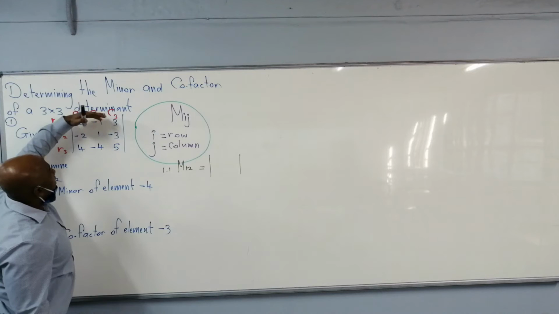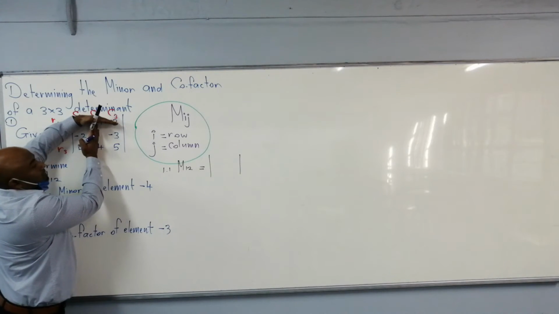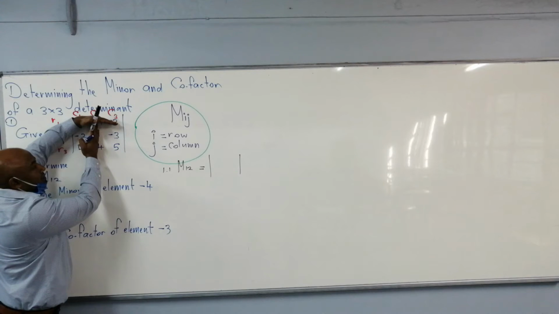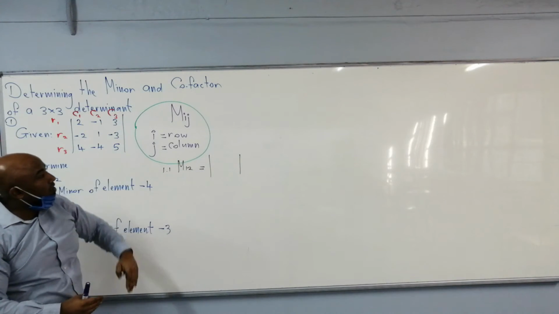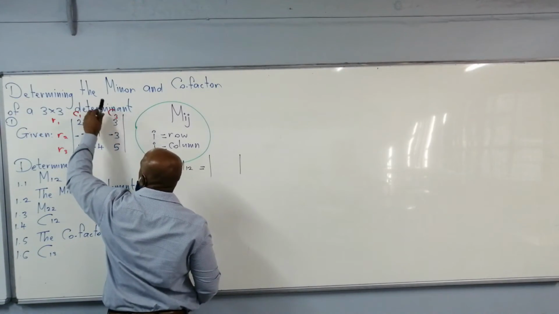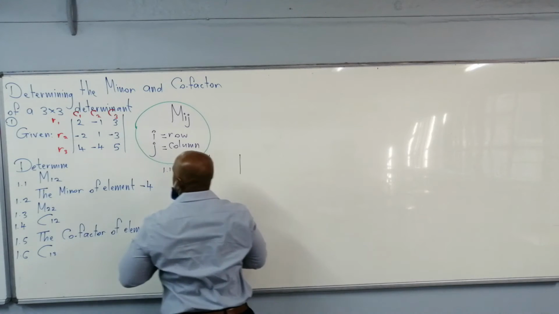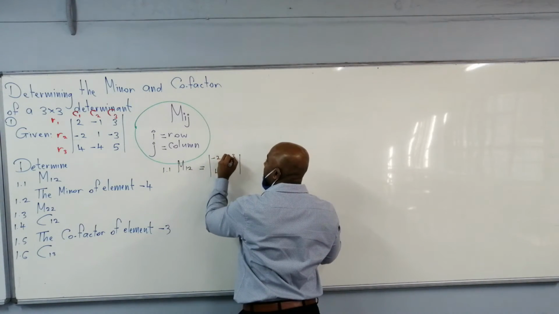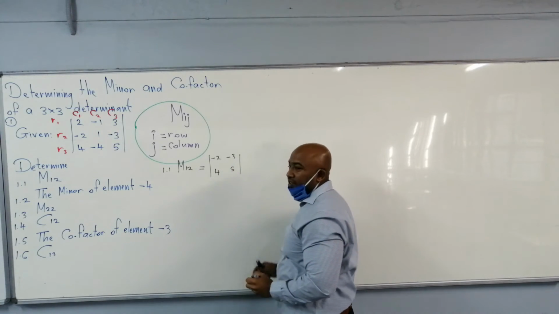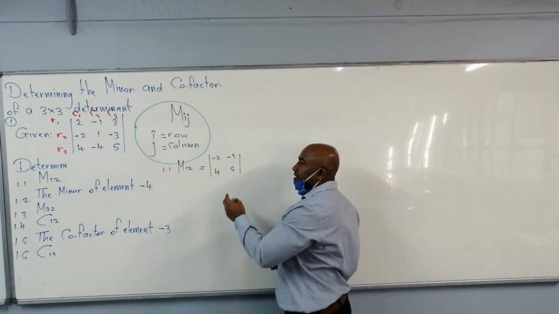If I block row 1 and I block column 2, what numbers remain now? I'm left with only these numbers here, which are -2, 4, -3, 5.